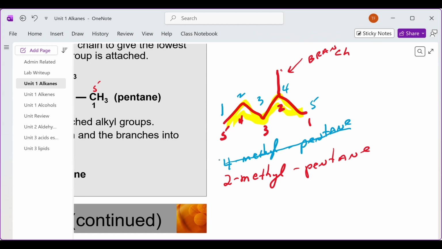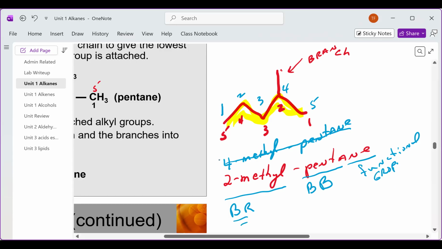So we have 3 parts. So branch, backbone, functional group. Now, this here, because we had a branch, that'll be the third part.